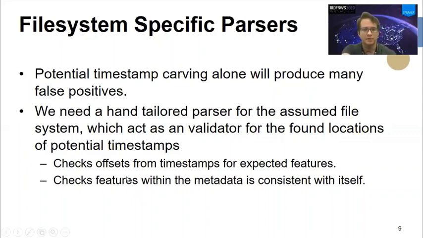And then we also check features within the metadata entry to ensure it's consistent with itself. An example for this is for inodes. It has an attribute which shows the length of the file, but then also has an attribute which shows the number of sectors that the file takes up. And we just make sure that these two values are consistent.